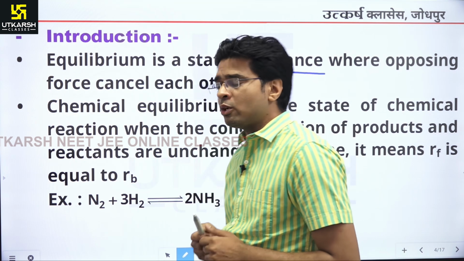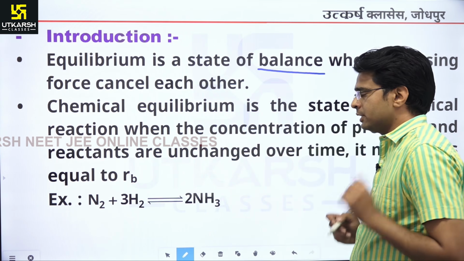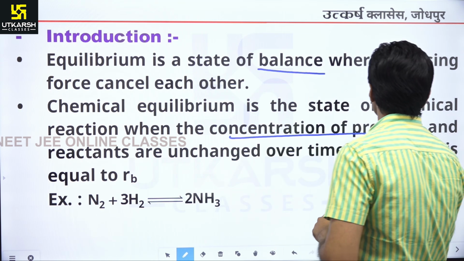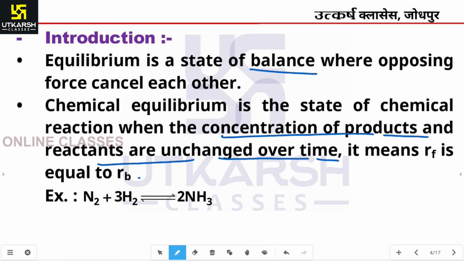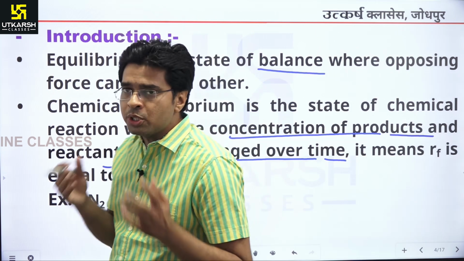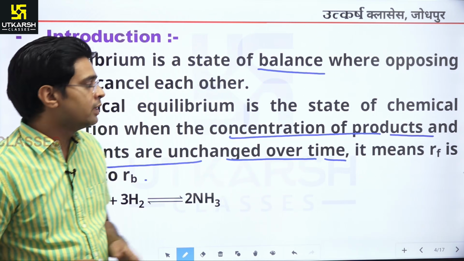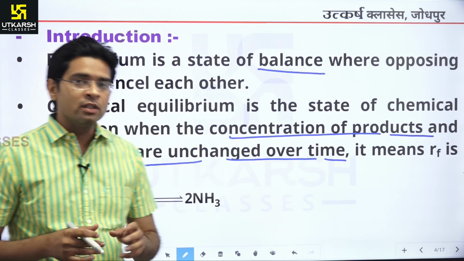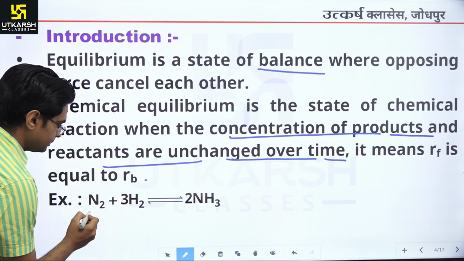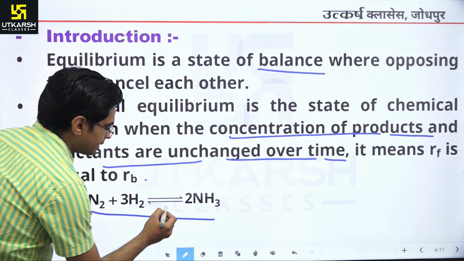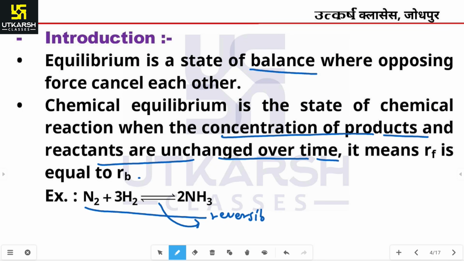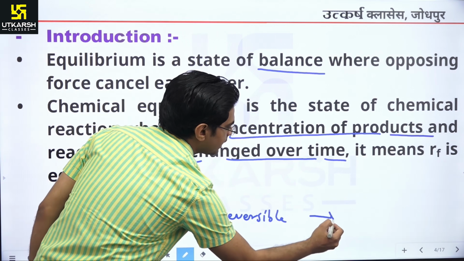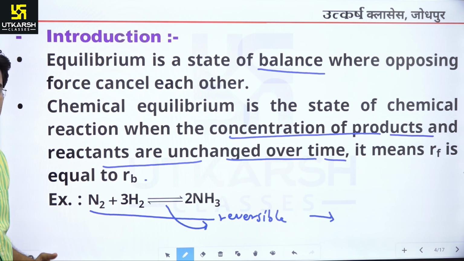So it is the state of a reversible reaction in which the concentrations of products and reactants are unchanged over time, meaning there is no change in the concentration of either reactant or product. For example, if we take this, we all know this is the sign of a reversible process. If it is irreversible, then the sign will be like that. So it's a reversible process.